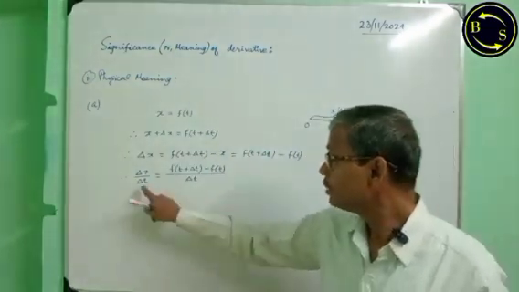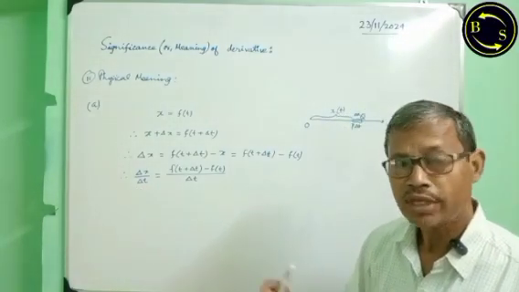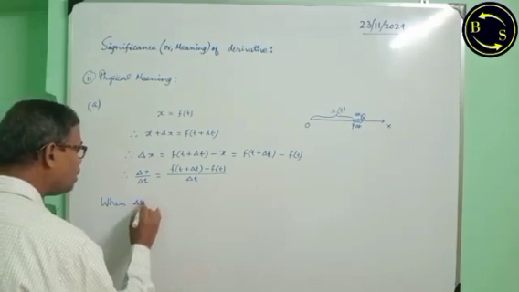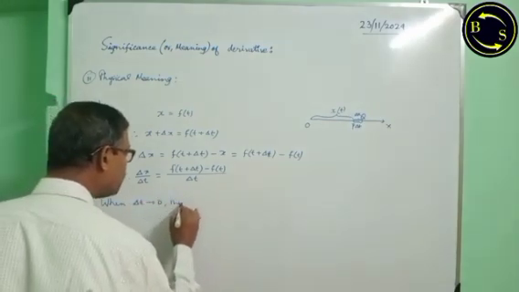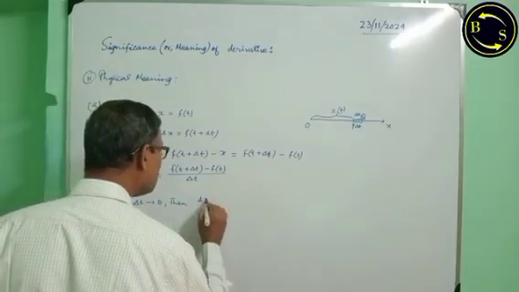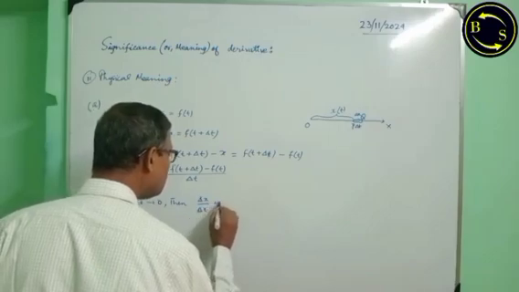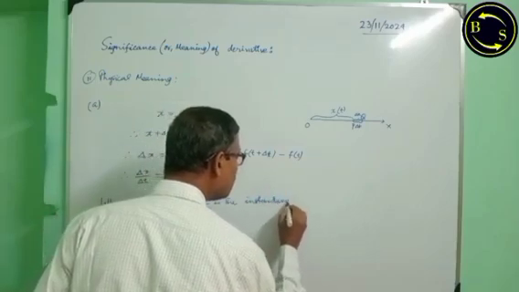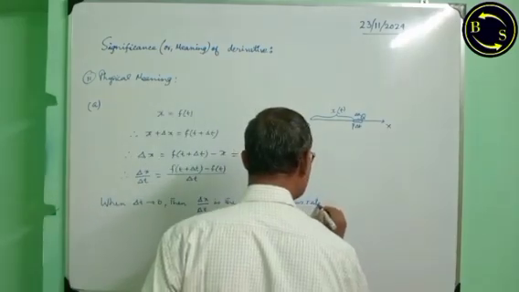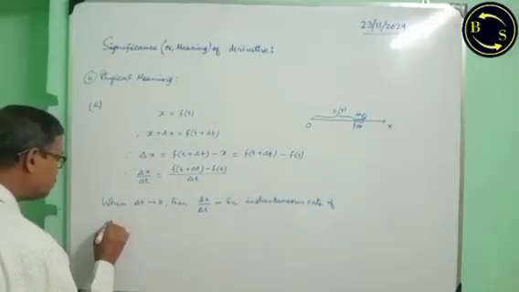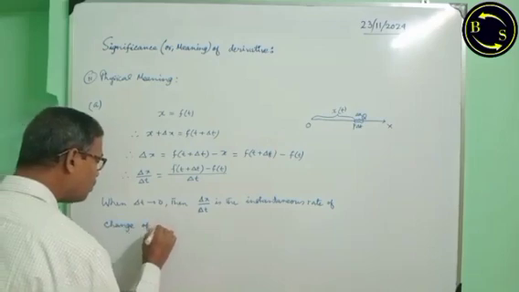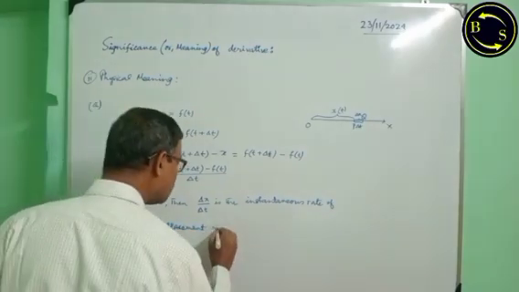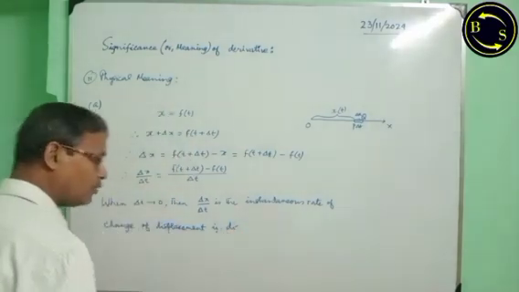Now, if this change in time, that is delta t, be very small, when delta t tends to 0, then delta x by delta t is the instantaneous rate of change of displacement, that is velocity.